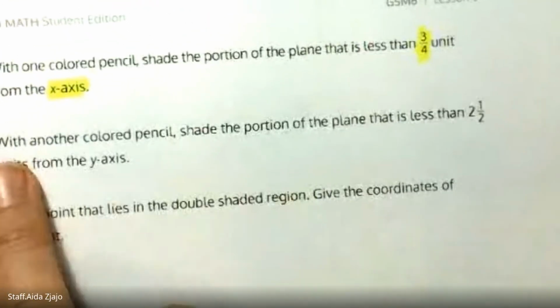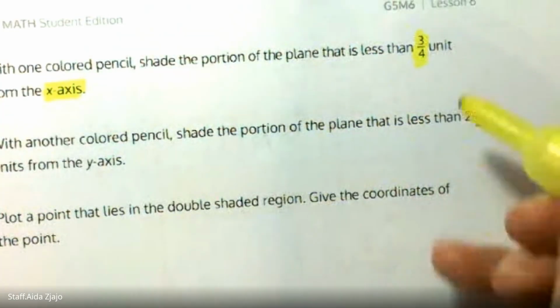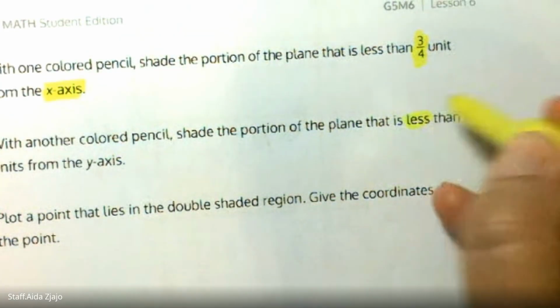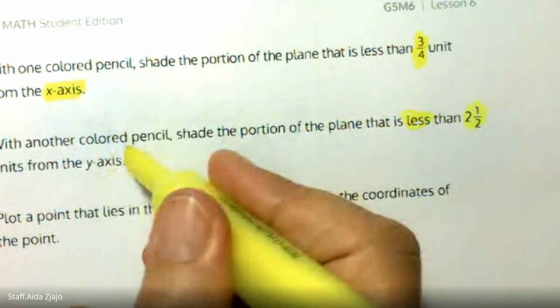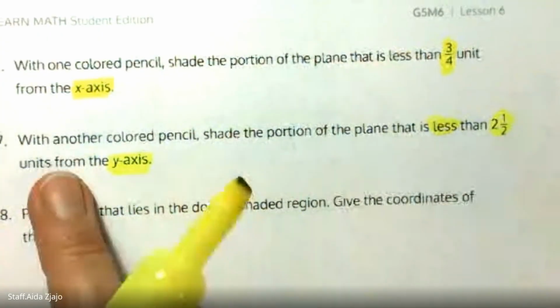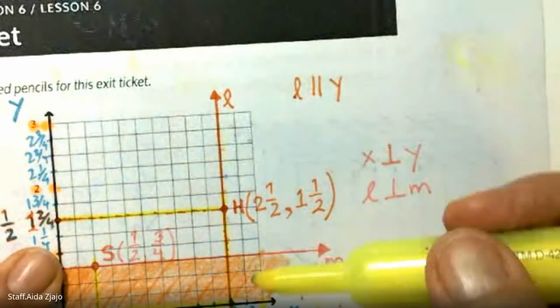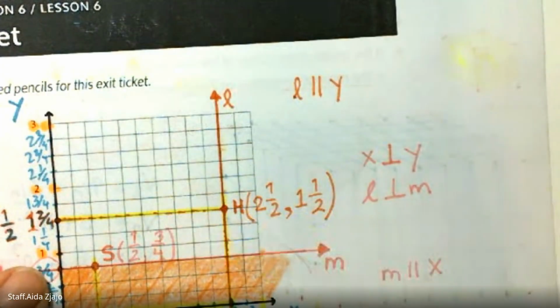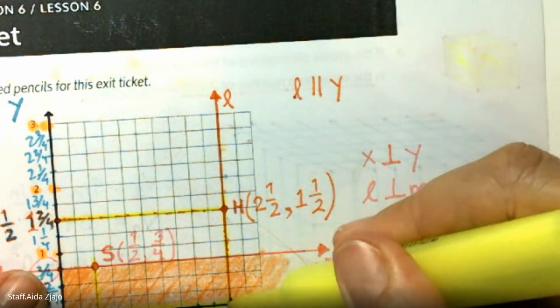Now, number 7. With another color pencil, shade a portion of the plane that is less than 2.5 units from the y-axis. So this is the y-axis, and less than 2.5. Here's the 2.5 right here.